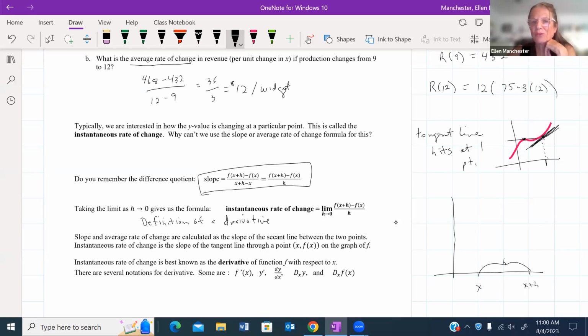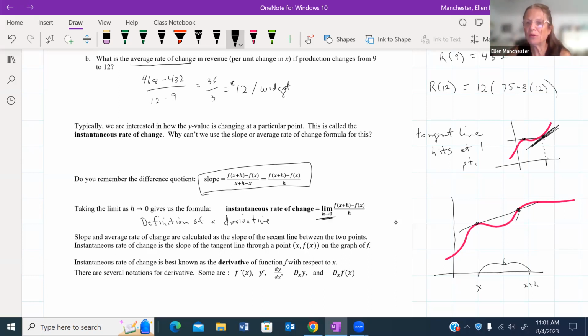Now what we're saying is our H value is heading towards 0. That means it's getting smaller and smaller. So if you're looking at a graph and we're looking at the secant line, the slope between these 2 points, well, those 2 points are getting closer and closer together.